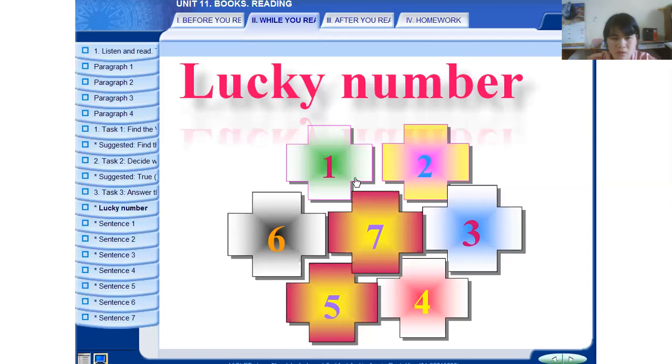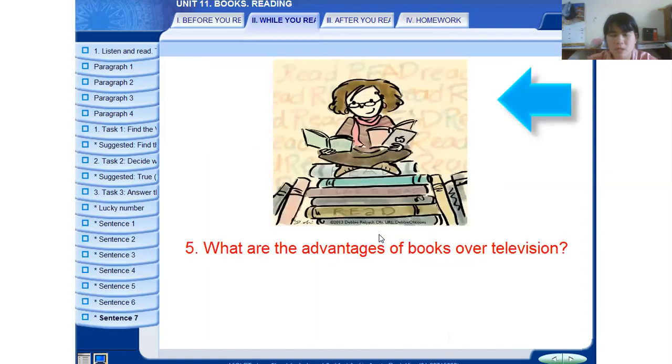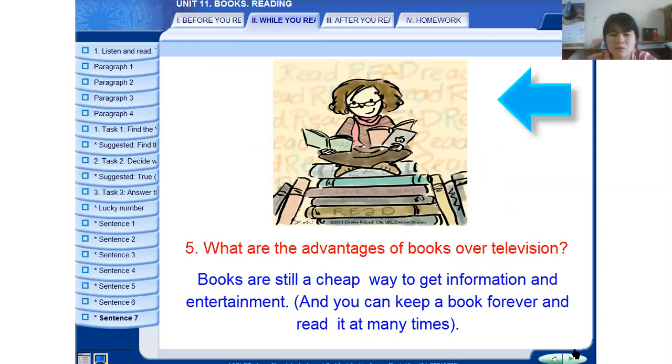Now let's come to number 7. What are the advantages of books over television? Books are a cheap way to get information and entertainment.